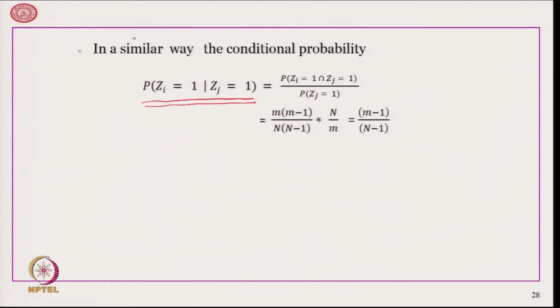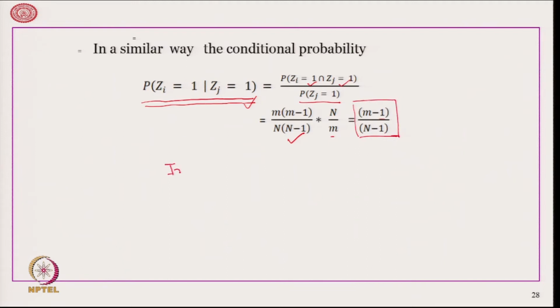We know that from the definition of conditional probability, probability Zi is equal to 1 given Zj is equal to 1 is equal to probability Zi is equal to 1 and Zj is equal to 1 divided by probability Zj is equal to 1, which is coming out to be m into m minus 1 upon capital N into capital N minus 1 multiplied by capital N upon small m, which is coming out to be m minus 1 upon n minus 1.